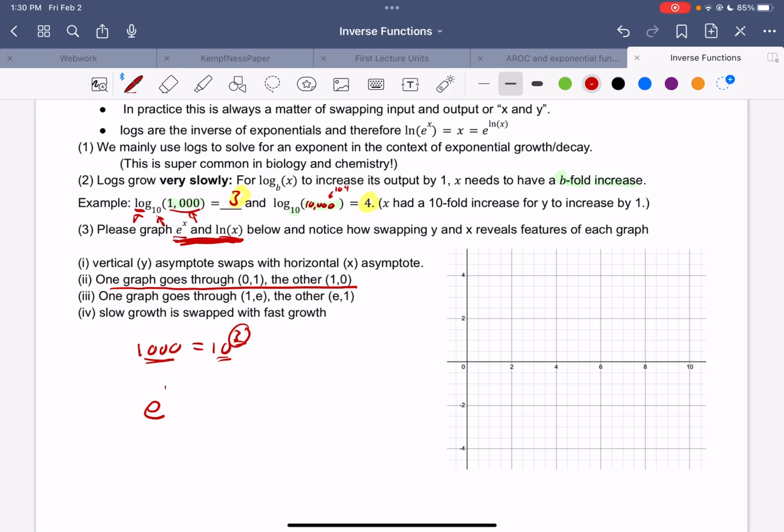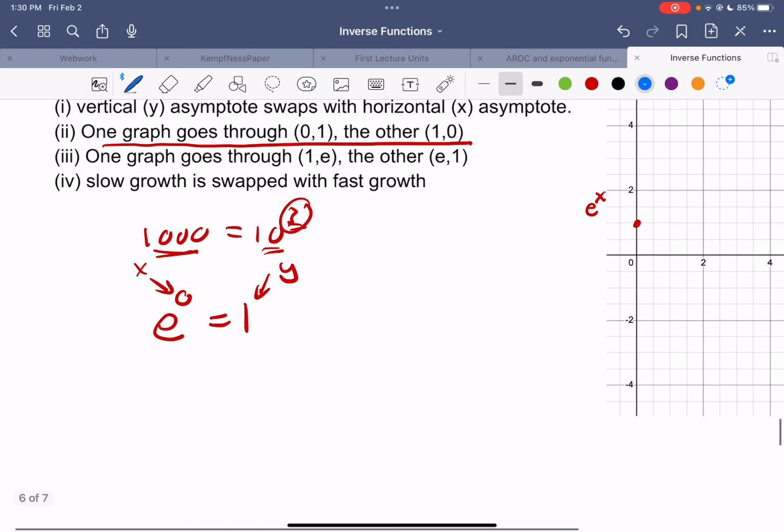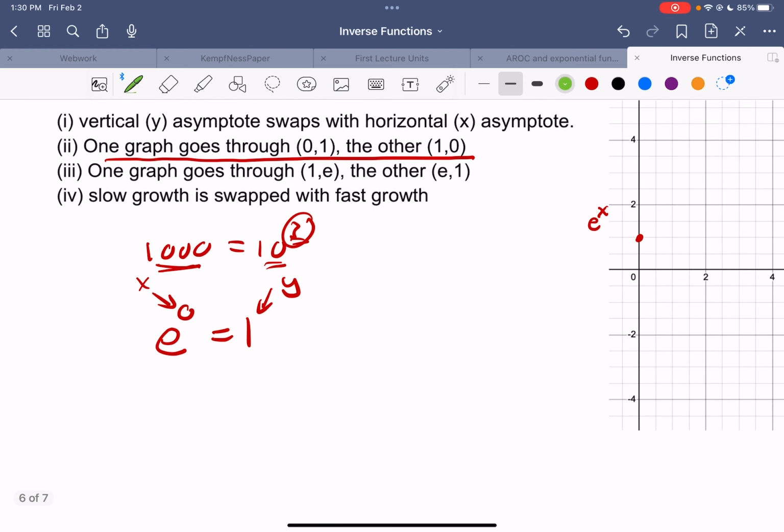So e to the 0 is equal to 1. That's an x value. That's a y value. So 0, 1 is going to be on e to the x. And because this is true, we can write this in log form.